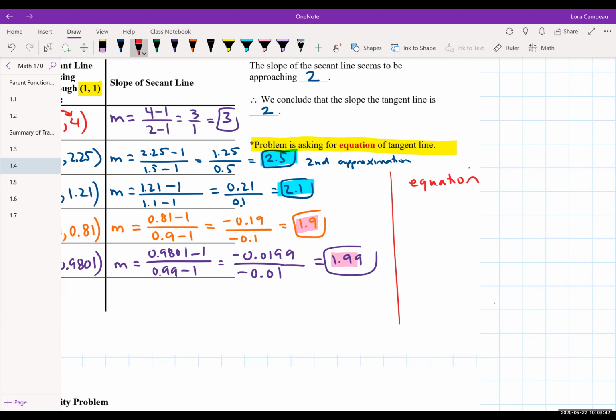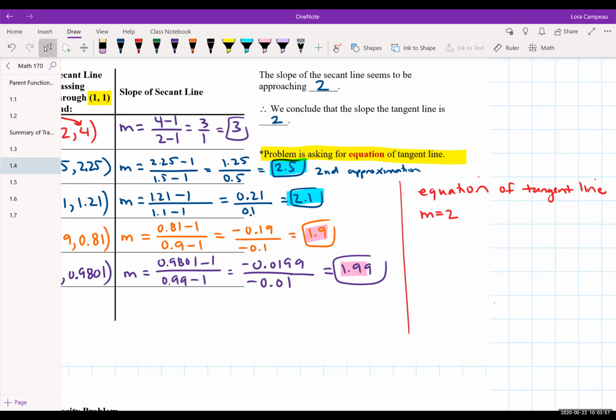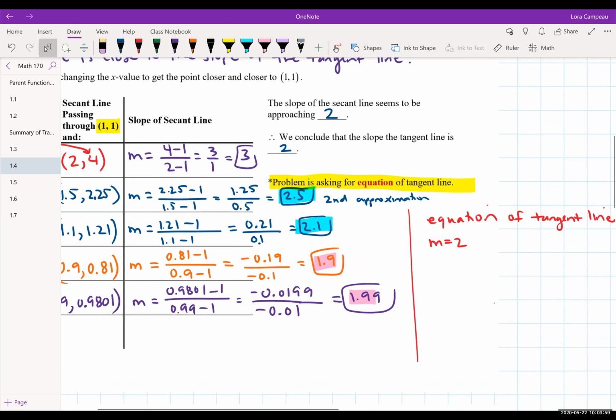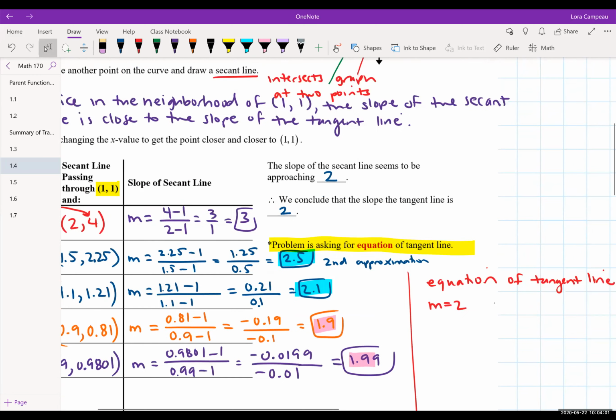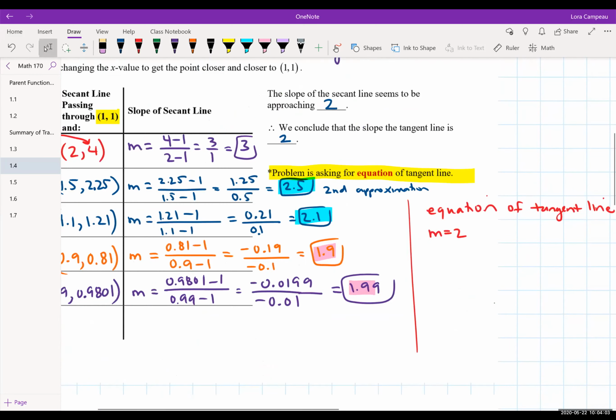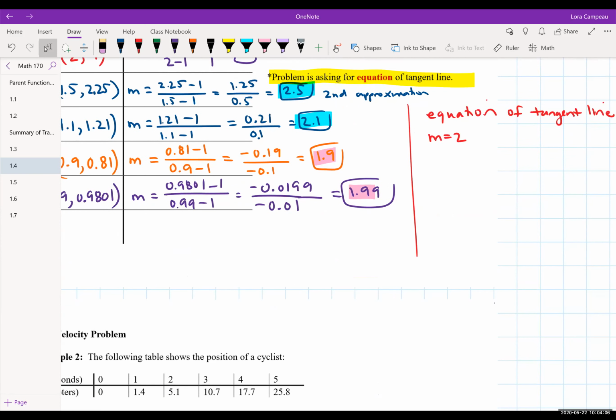Remember, we already have the slope is equal to 2. And we are actually looking to go, let's see, through the point (1, 1), according to the directions.